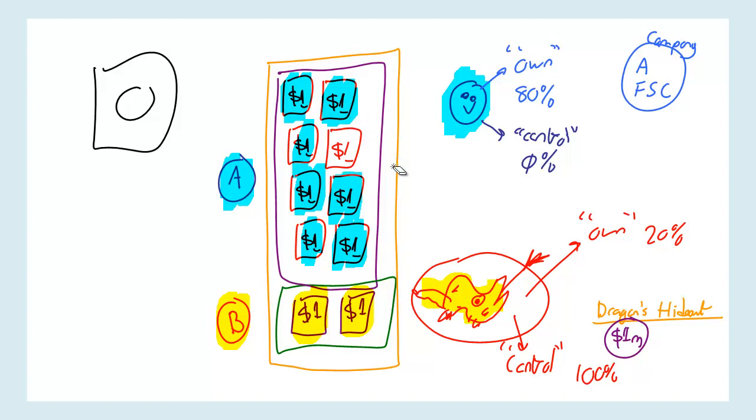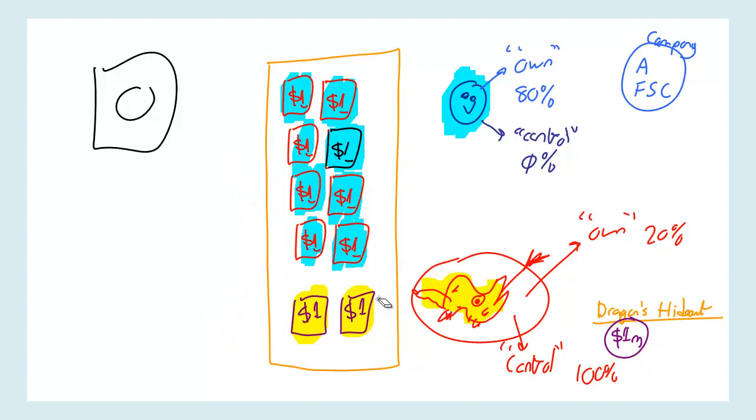So let's not try and redraw all of that. Okay, let's just get rid of A and B. So after 10 years, there is no distinction between the two sets of shares. After 10 years, they all revert to being the same class of shares. So that can happen too.